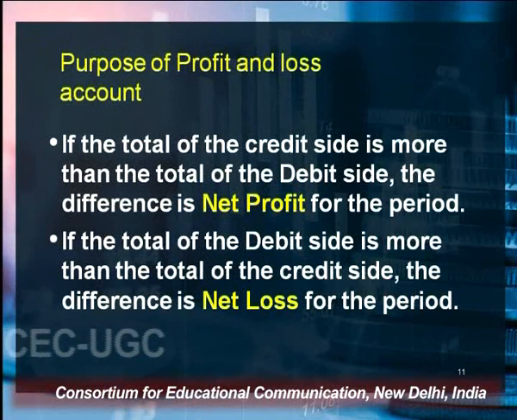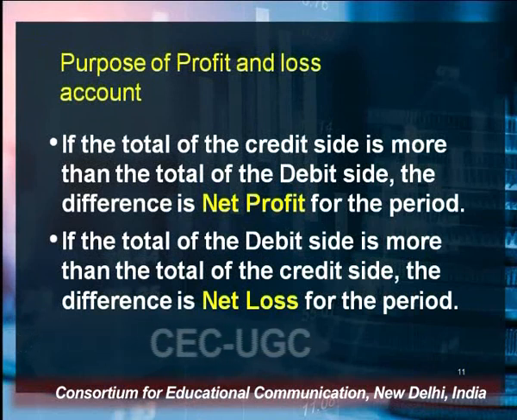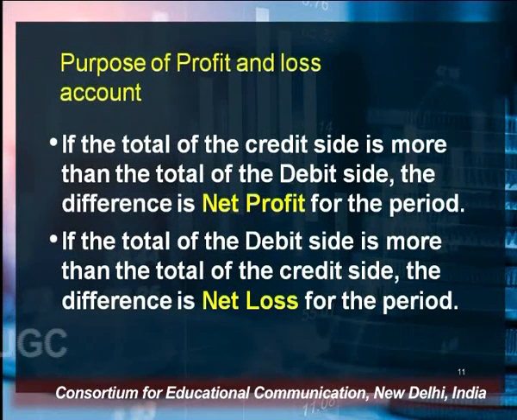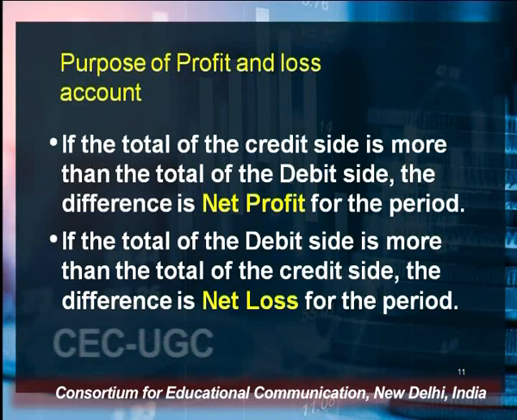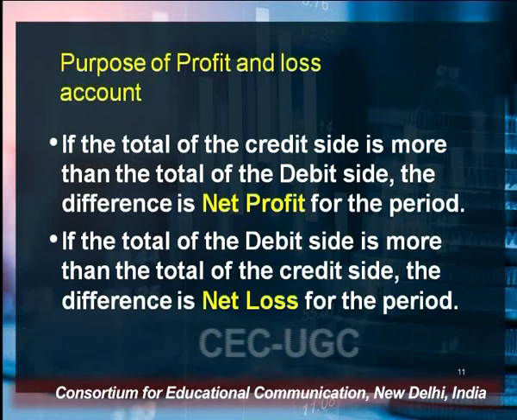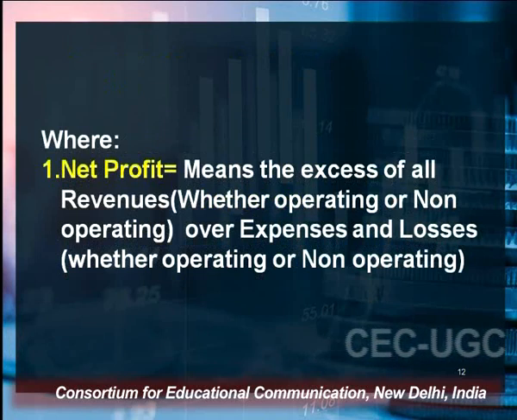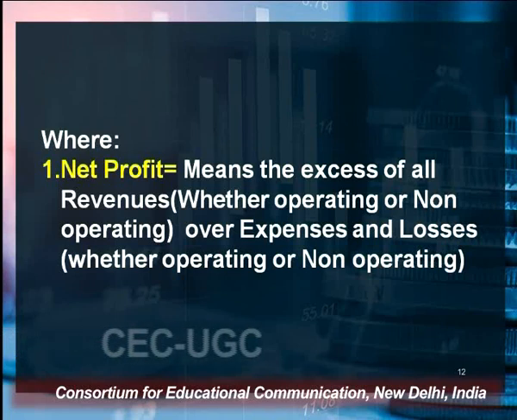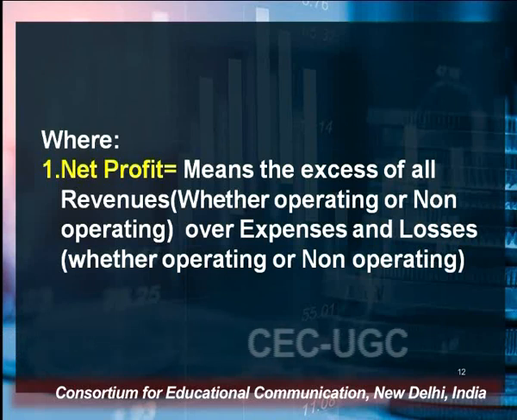And if it is the reverse case, that expenses exceed revenue, then there will be net loss. Either of these two will be there, either net profit or net loss. And this net profit or net loss will be transferred to the capital account, where net profit means the excess of all revenues, whether operating or non-operating, over expenses and losses, whether operating or non-operating.